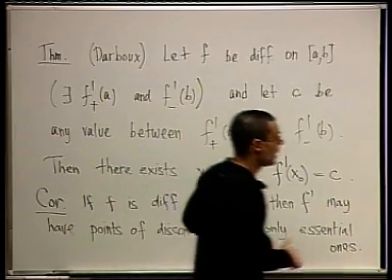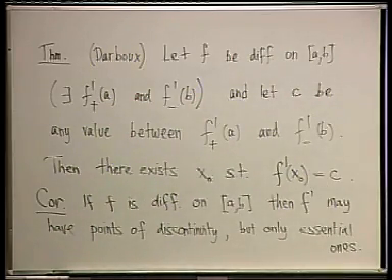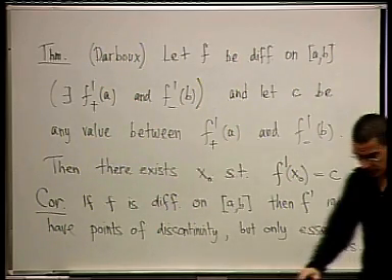Okay. So now we're moving on. I wanted to make one more tiny remark. Remember last time we discussed Lagrange's theorem, and we mentioned Cauchy's theorem. These theorems are sometimes called the mean value theorems.